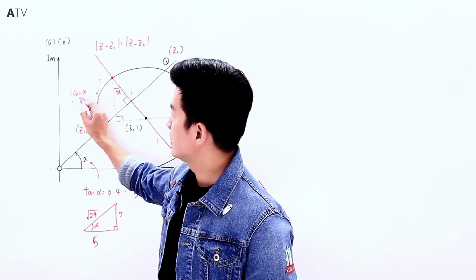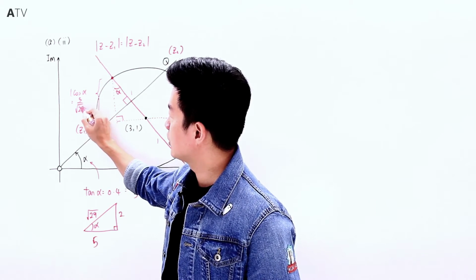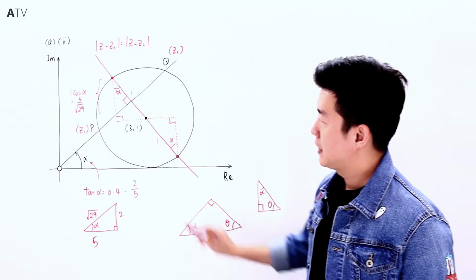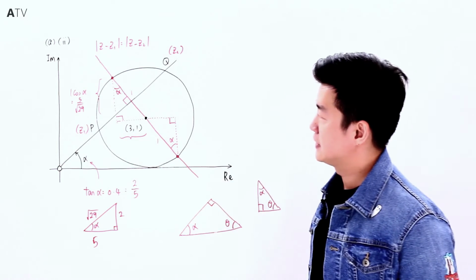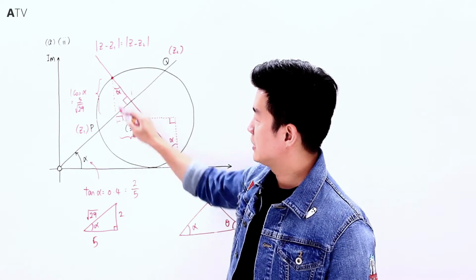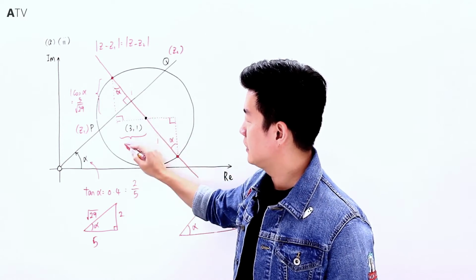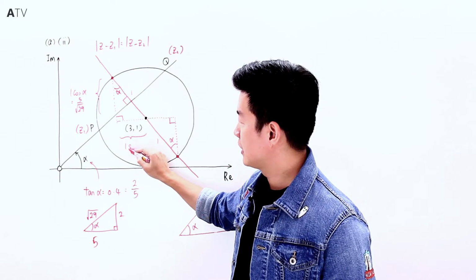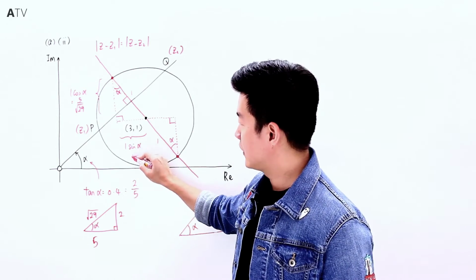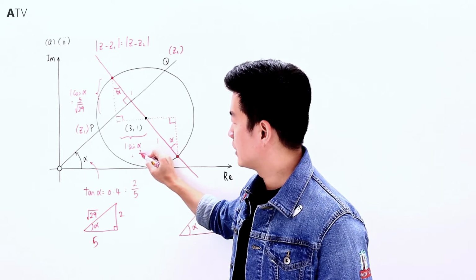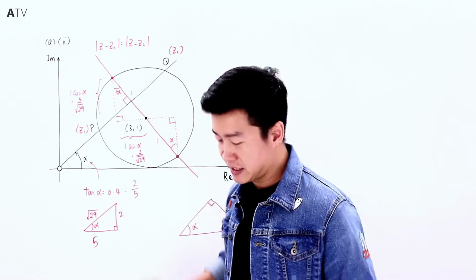So this distance is 5 over the square root of 29. And this horizontal distance, using this triangle again, is 1 multiplied by sine alpha. And according to this, sine alpha is 2 over square root of 29.